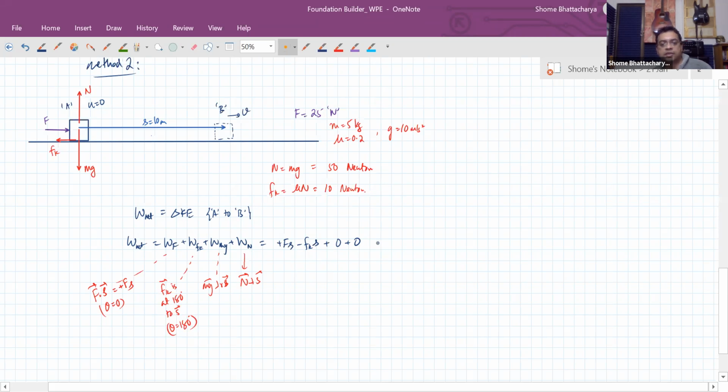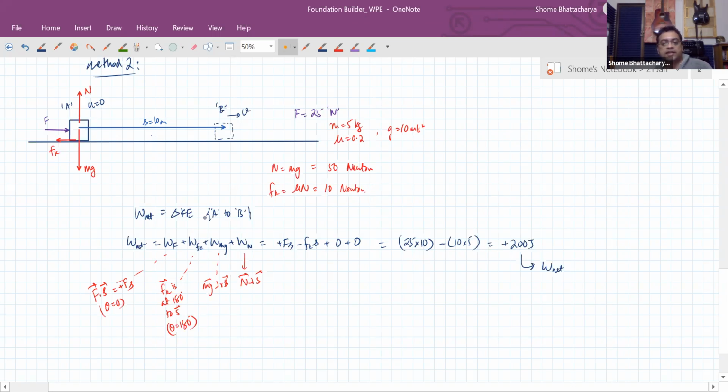So how much is the net work done becoming now? It is becoming 25 into 10, minus kinetic friction, which we saw is 10, into 5. So it's 250 joules minus 50 joules. So that's plus 200 joules. This quantity is my net work done.